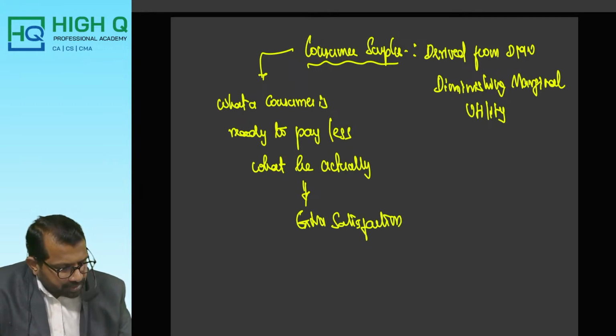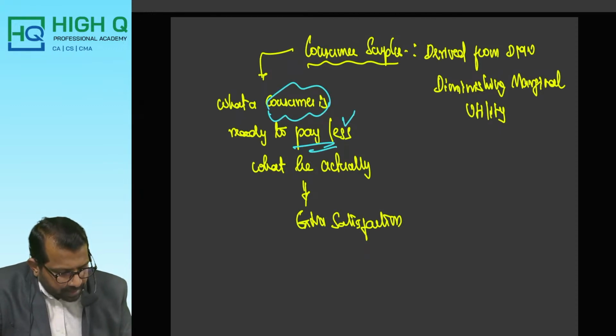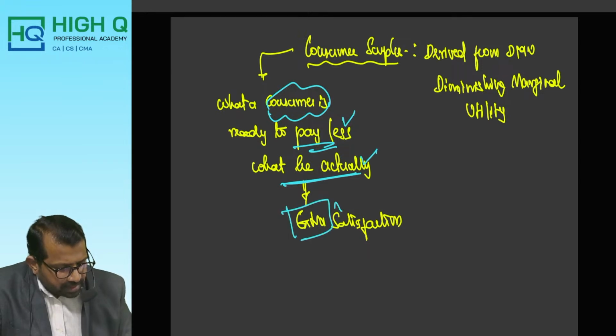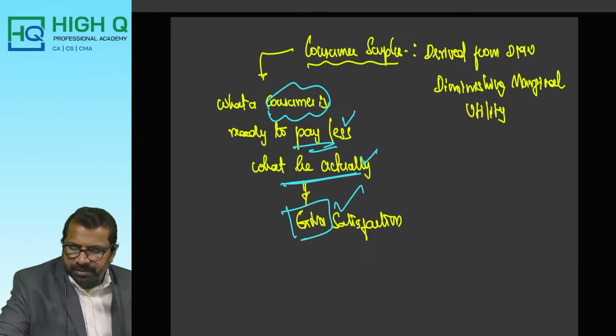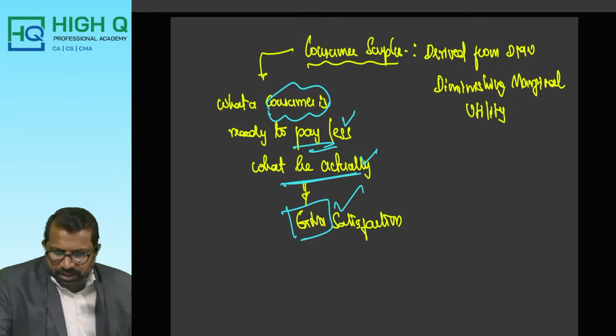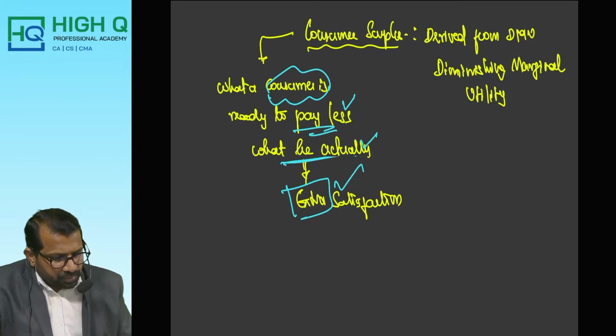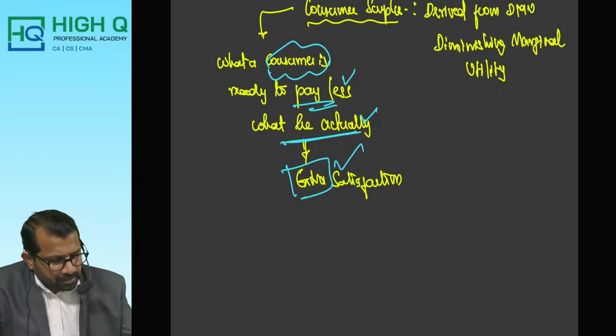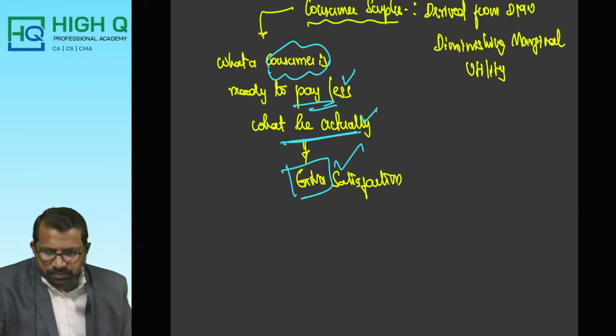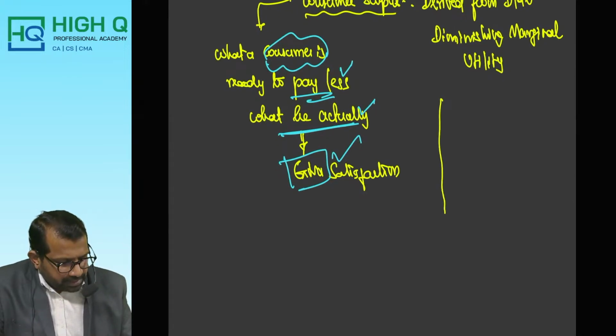So the consumer is ready to pay more than what he actually pays, which comes under extra satisfaction. But for this there is an important concept to be understood. The diagram will be like this.